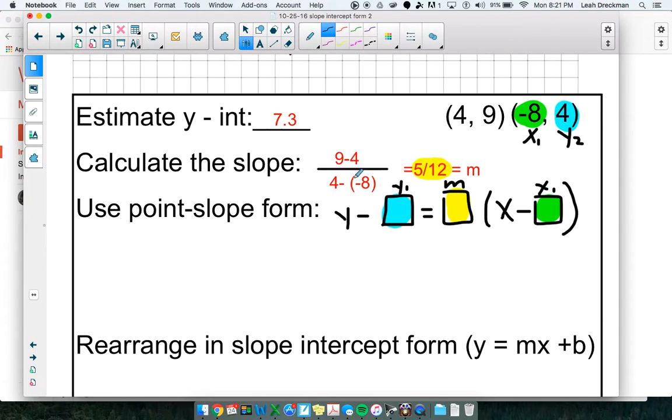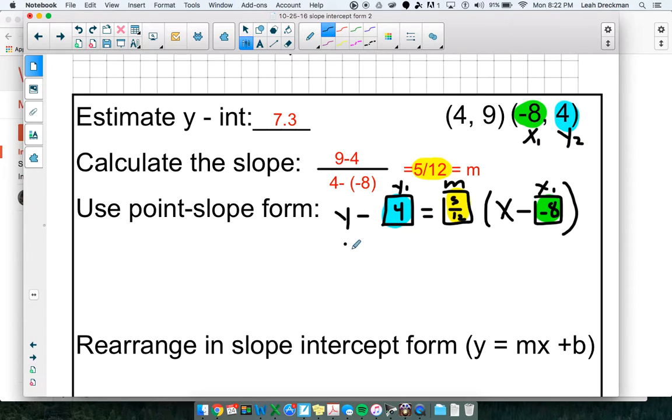All right, so we're going to end up with y minus y1, which I choose to be 4. I could have chosen the other one, but that's what I went with. My slope is 5 over 12. And then x minus a negative 8.